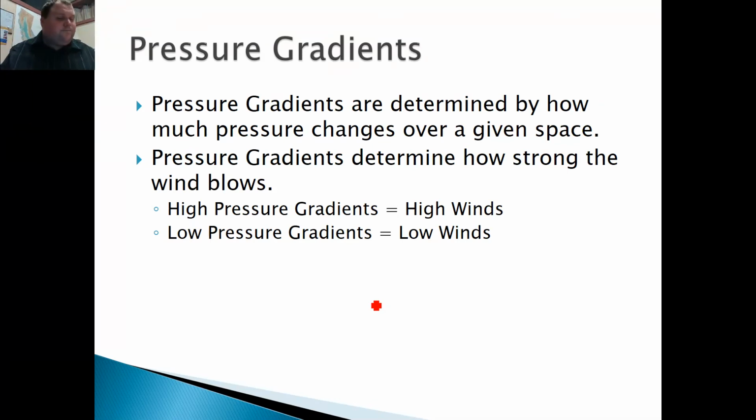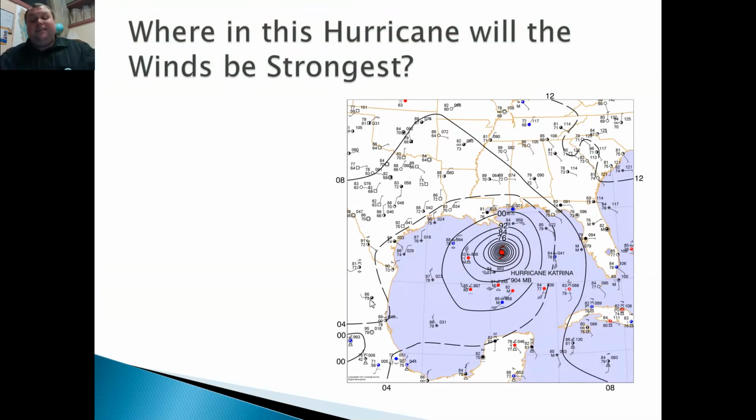Let's do this really quickly before I show you really quickly how to draw isobars, and then that'll be it for us. So, this is a map of Hurricane Katrina, and each of these black lines here is an isobar. And as you can see, they do break some of their rules here.